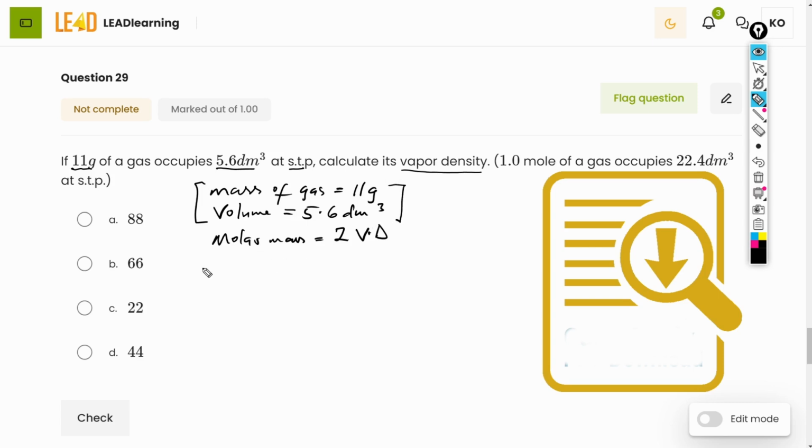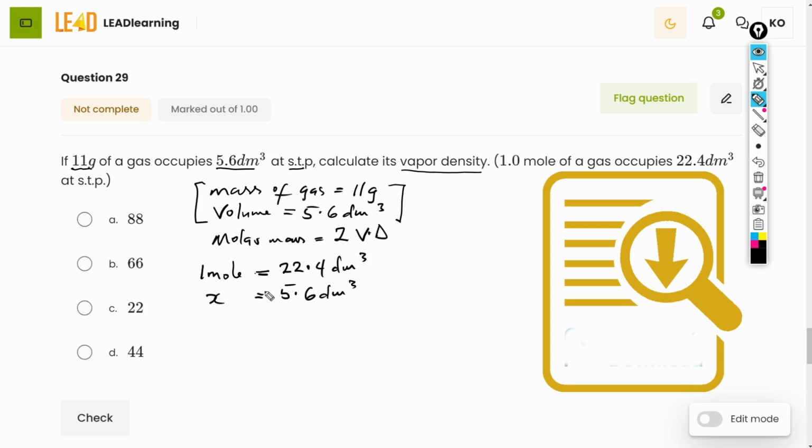If we know that 1 mole of a gas at STP will occupy 22.4 dm cube, then we ask ourselves, how many moles of this gas will occupy 5.6 dm cube? 1 mole of a gas at STP will occupy 22.4 dm cube. Then how many moles of this 11 gram of gas will occupy 5.6 dm cube?